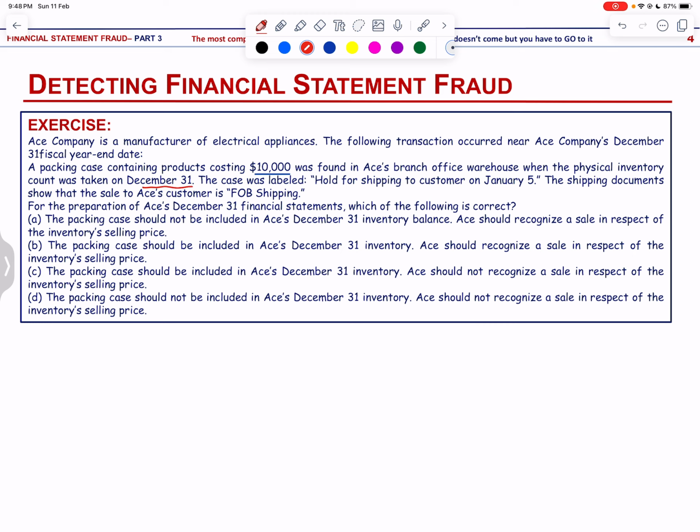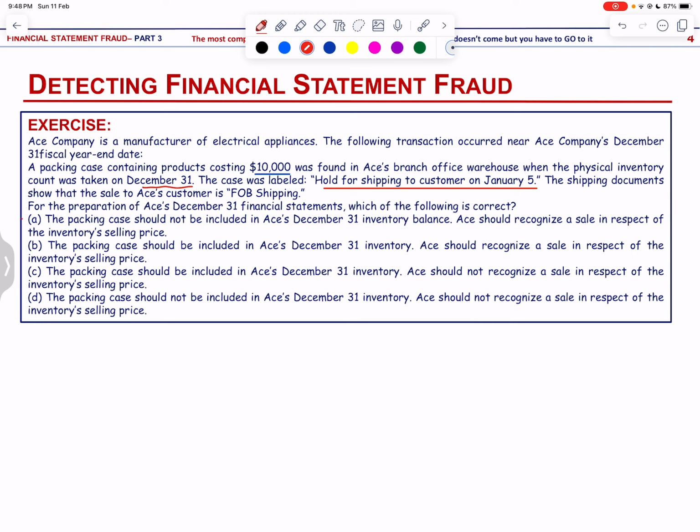The case was labeled hold for shipping to customer on January 5. The shipping documents show that the sale to ACE's customers is FOB shipping. For the preparation of ACE's December 31st financial statements, which of the following is correct?